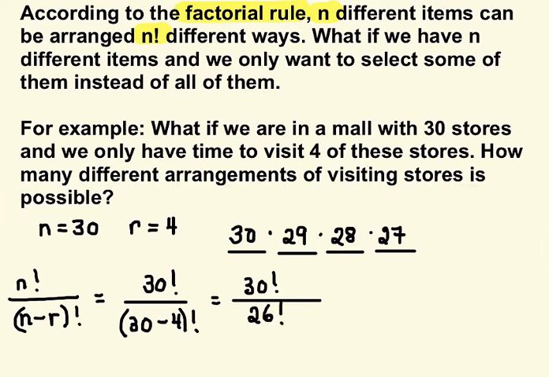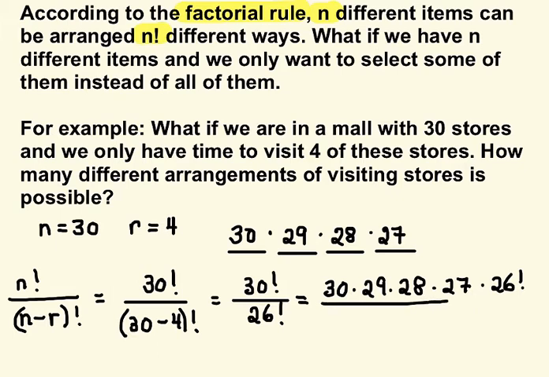Now let's look at what's going on here. If I write out 30 factorial, I get 30 times 29 times 28 times 27 times 26 factorial. We could keep going after 26, but I'll just put a factorial after that to say it actually keeps going all the way down to 1.